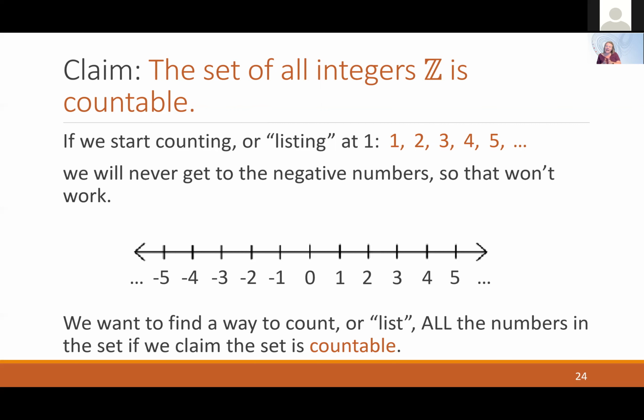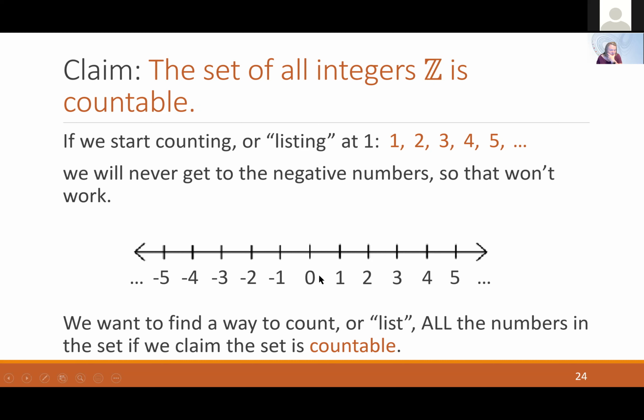We have to be able to have a strategy to do that. So what I want you to do is take a look at that number line. We know that just starting here with 1, 2, 3, 4, 5 won't work because we'll never get over here to these negative integers.